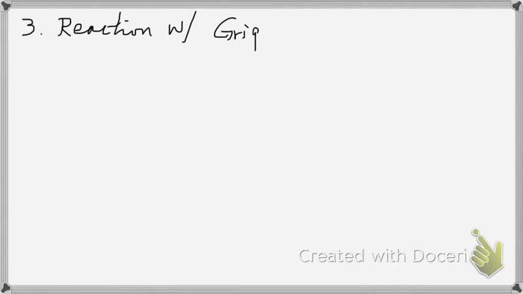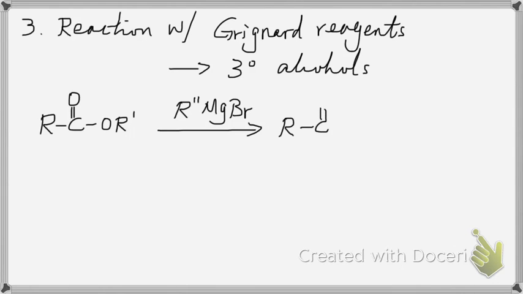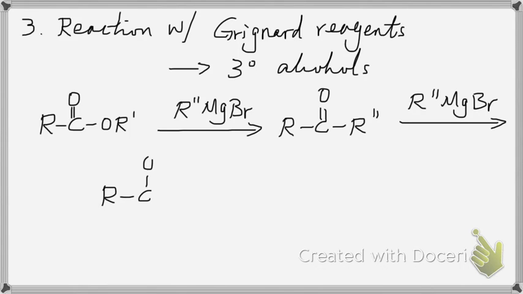The third reaction is the reaction of esters with Grignard reagent. This reaction will provide tertiary alcohols as the final product. So the first equivalent of Grignard reacts with the ester, and it gives a ketone intermediate. And because the ketone is more reactive, it's going to react one more time with Grignard reagent to get the tertiary alcohol.